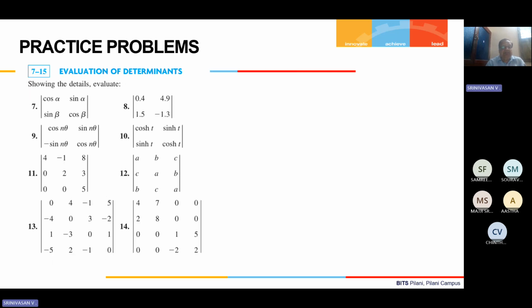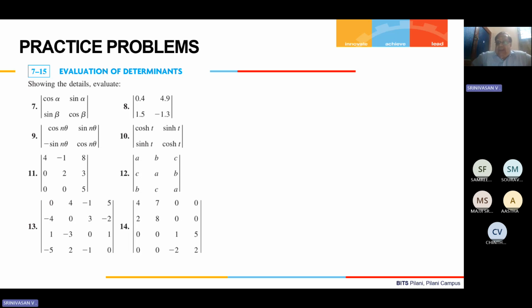Valuation of determinants. Okay, right. For instance, you take this one. Expand this. This is a 2 by 2 determinant. Cos alpha, cos beta minus sin alpha, sin beta. Can anyone say what it is equal to in trigonometry?